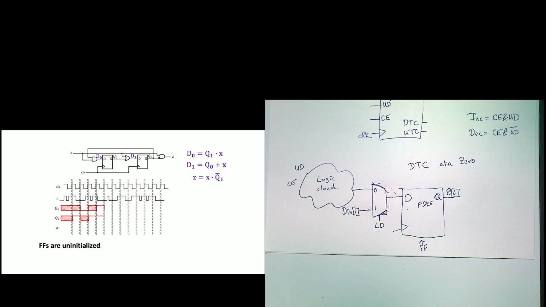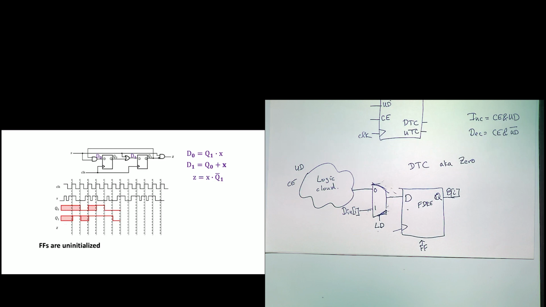Okay, and now we just need to work out the values. So X is 0, which means that Q0 goes back. Q1 stays because Q0 is 1. Okay, X is 0, so this time Q0 stays 0, and this time Q1 goes low.